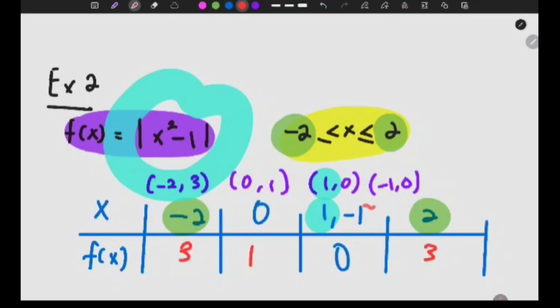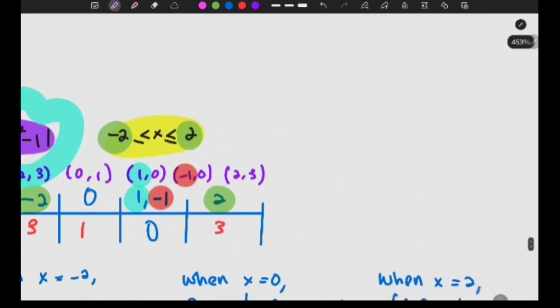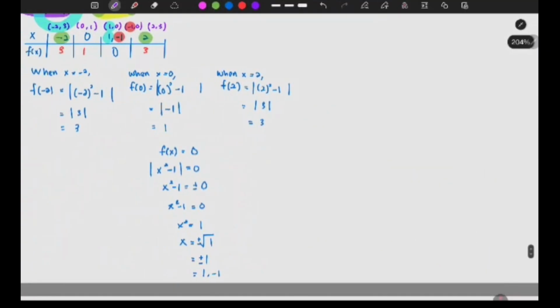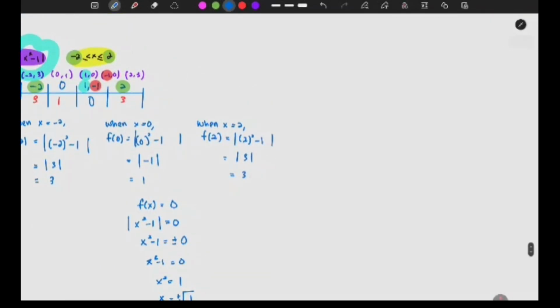Let's do graph. Let's do this graph. Let me adjust according to the question. -2, 2, that means it's at the middle.